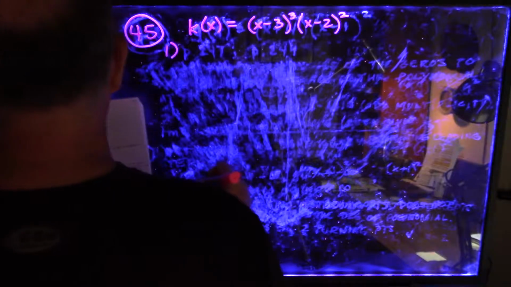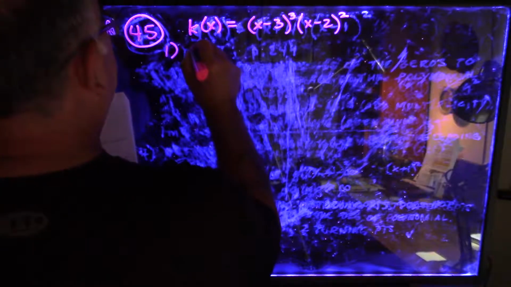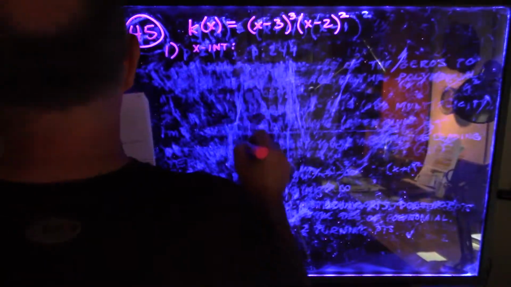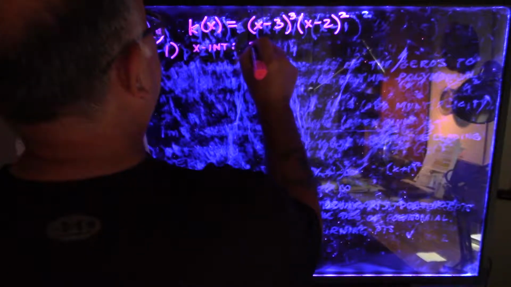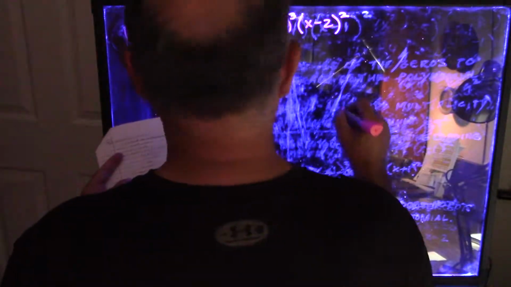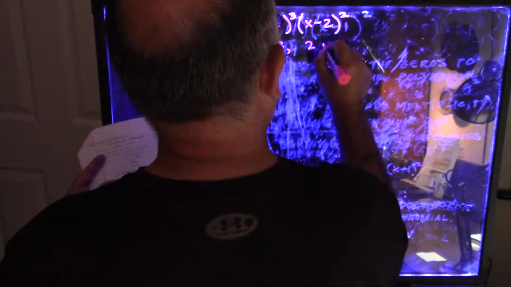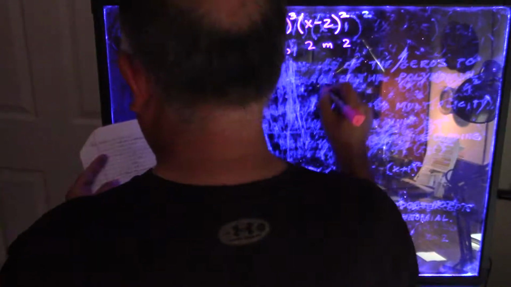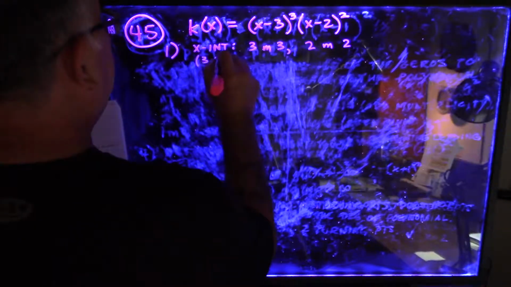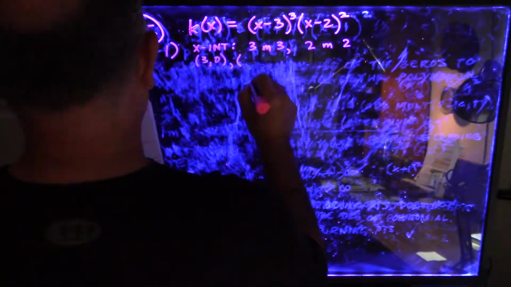Alright, so we've got x-intercepts. We've got 3 multiplicity 3. And we have 2 multiplicity 2. Alright, so that would be 3, 0 and 2, 0.